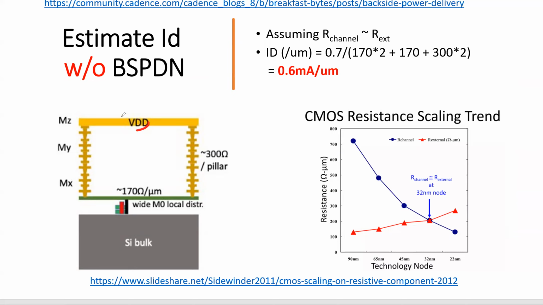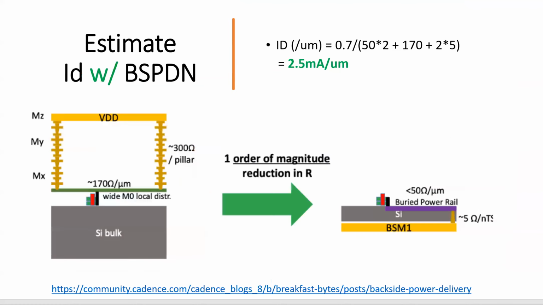So the VDD had to come all the way to your transistor, and then that's the current you get. Now I'm going to estimate with the backside PDN. Previously it was without, now it's with. Then this is gone. This is gone. This is gone. And then the contact here becomes 50.